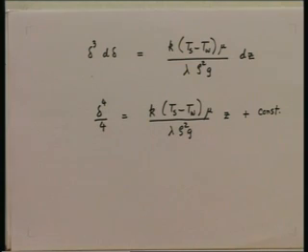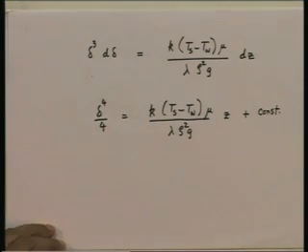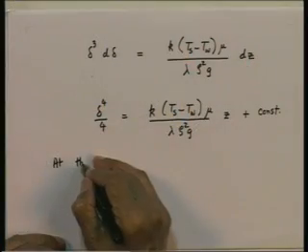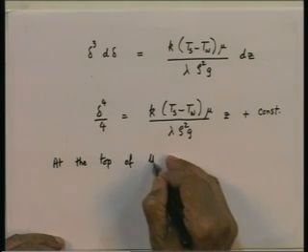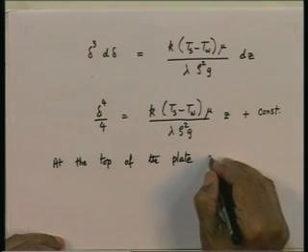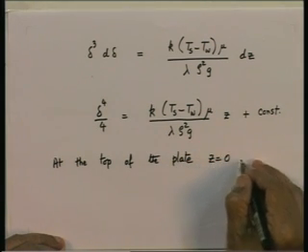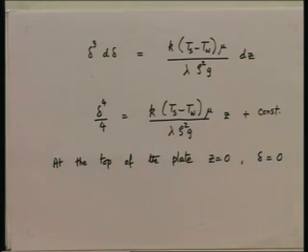Now, in this case, we know that right at the top of the plate, where the condensation begins, that is at z equal to 0, delta must be equal to 0. Theoretically, at least, that is a condition we can apply.